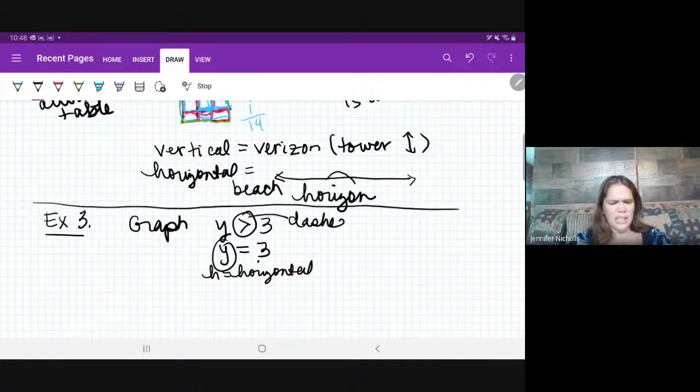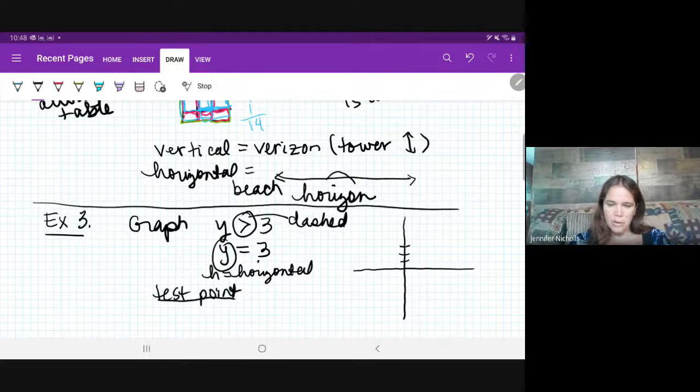Dashed. And you can call it dotted. That's fine. So we're ready. We just have to do a test point. We just can't do a test point until we see the picture, because you can't pick a point that's on the line. You said it's dashed.